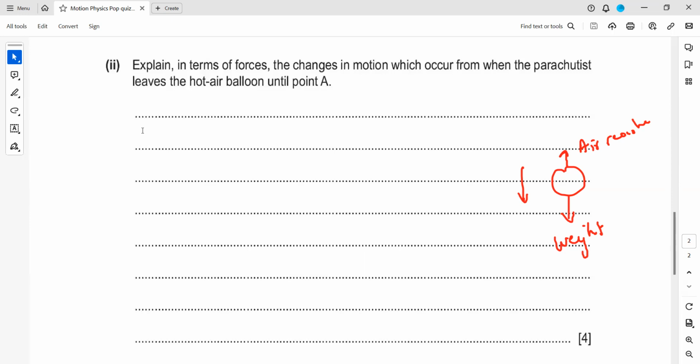So what are the points you will mention till point A? For the first part, we'll mention the weight is acting on the skydiver or parachutist.